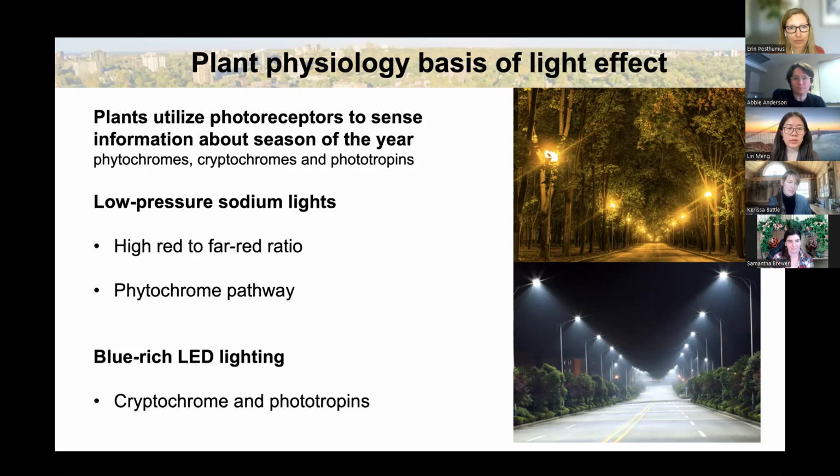For example, low pressure sodium light, this yellow light, is sensed by one type of photoreceptor, and blue-rich LED light, which is a more energy-saving lighting strategy, is sensed by another type of receptor. So changing the intensity and color of the light will affect plant phenology, but this is largely unexplored.